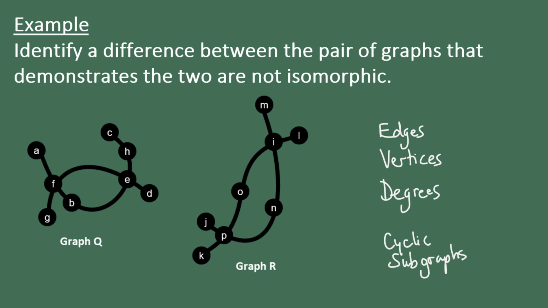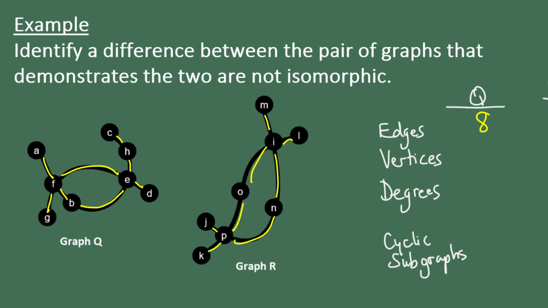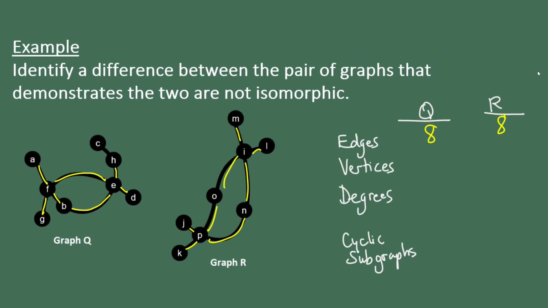So let's start with the number of edges of graph Q and graph R. Graph Q, we have 1, 2, 3, 4, 5, 6, 7, 8 edges. And for graph R, we have 1, 2, 3, 4, 5, 6, 7, 8 edges also. So far it's possible they could be isomorphic to each other.